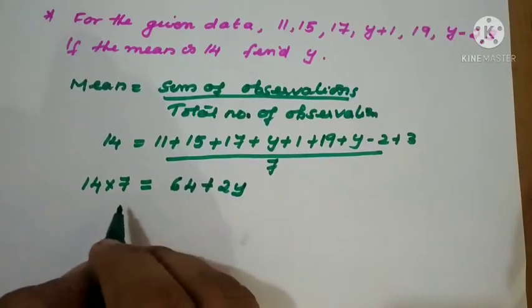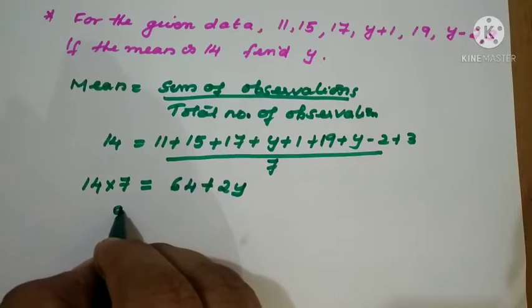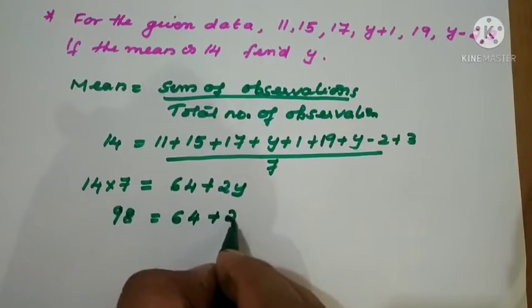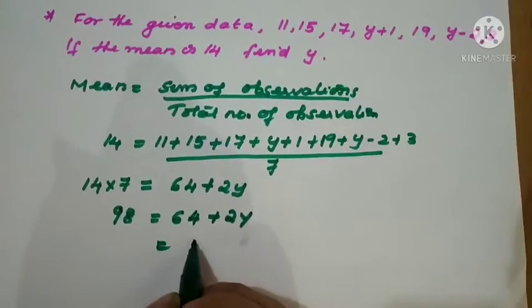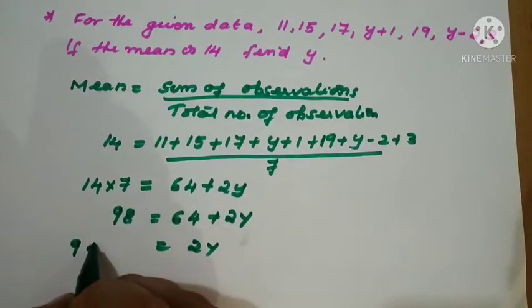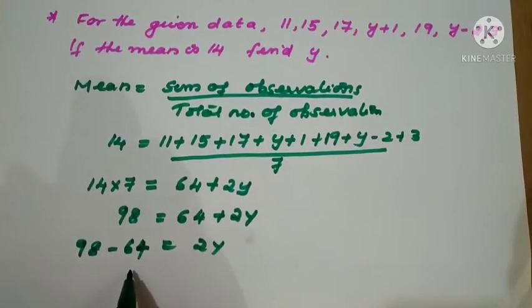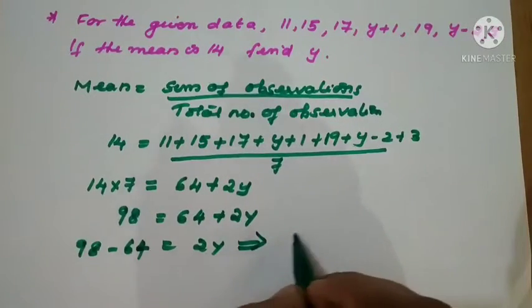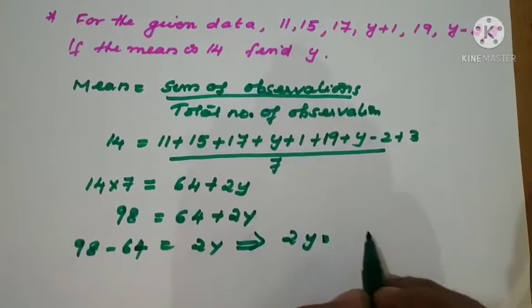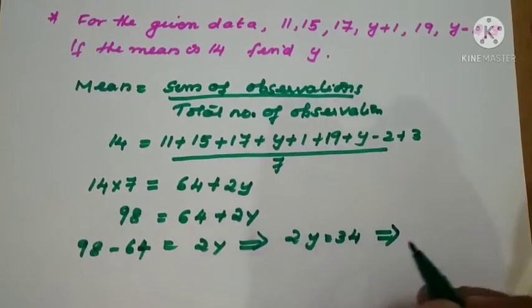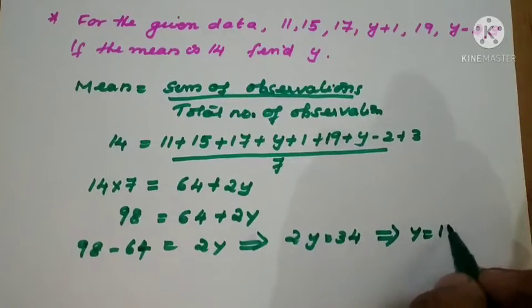So 14 sevens are 98 equals 64 plus 2y. So what is 2y? 98 minus 64, that is 34. 2y equals 34. Therefore y equals 17.